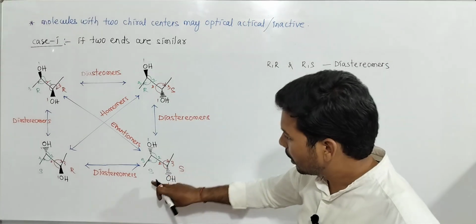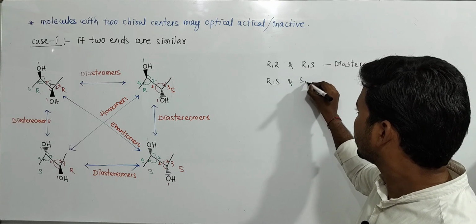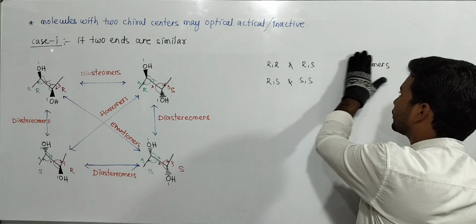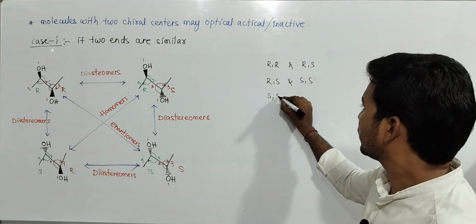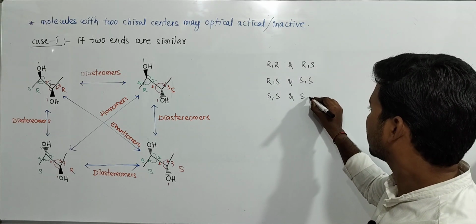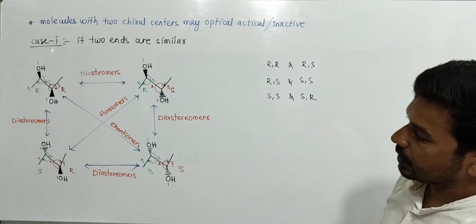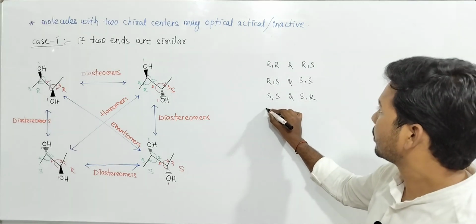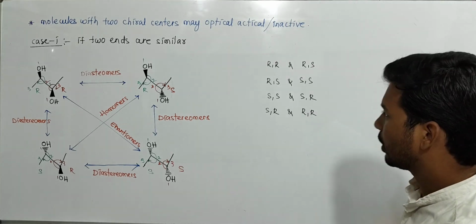Next these two, RS and SS, also diastereomers. Next these two, SS and SR. Then SR and RR. All those four are what?